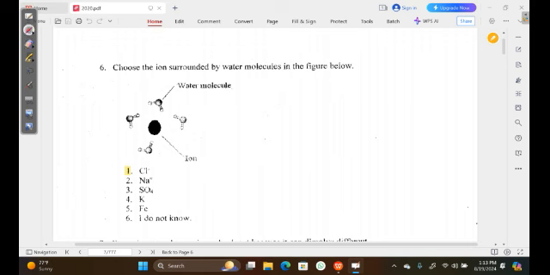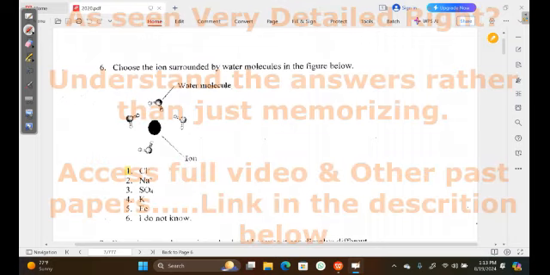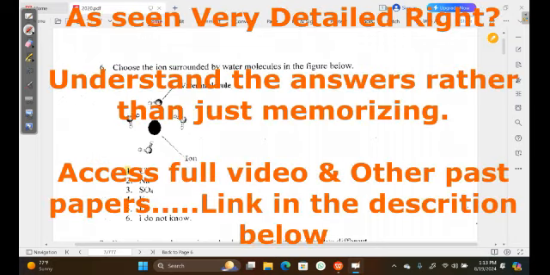Let's get back to what we know about water. When water dissociates, it actually forms 2 hydrogen ions and 1 oxygen ion. These are charged ions, where the hydrogen is positively charged and the oxygen is negatively charged.